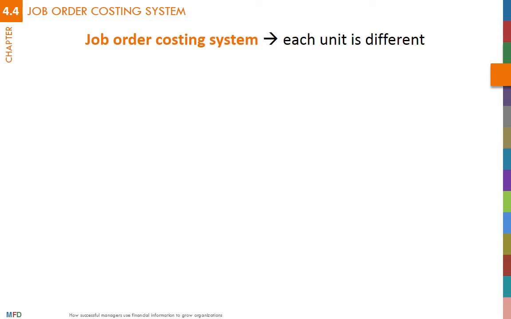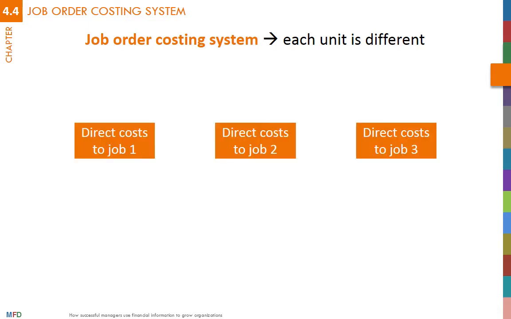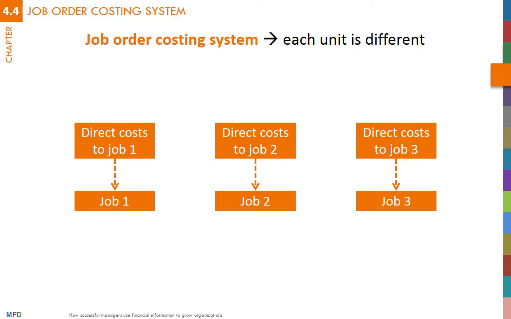A job order costing system has direct costs that are directly traced to each job, and there are indirect costs shared by various jobs. For example, direct costs in a design consulting company typically include the cost of printing several copies of the report, the cost of designers who report on a separate timesheet the hours they spend on each job, or the hours a subcontractor bills on the project.